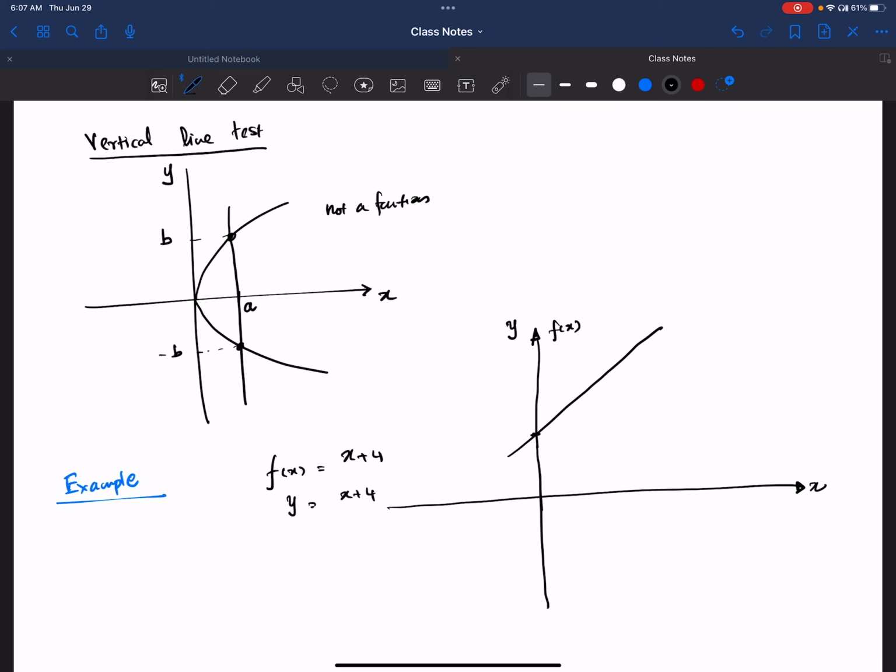So this is 4 here, and this is the line. So you draw the vertical line test. It does not intersect the graph at two distinct locations at any x value. So this is a function.